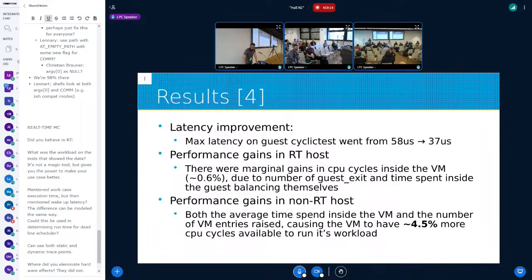And as well, we perceived a performance gain in the RT workload, even though it's marginal, it's something, because you have more CPU time for your workload and less CPU time spent by the RCU, because it's cheaper to report a quiescent state in guest exit, where you are sure that you are in a quiescent state, than reporting it with the RCU thread, because you have to switch back to the host and schedule a task for that.